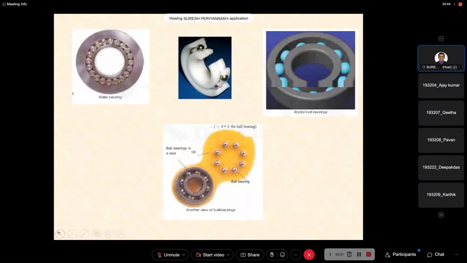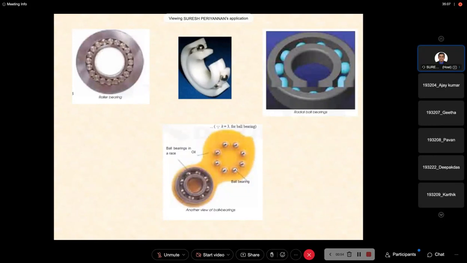I have shared some video links in the LMS. I hope that you have gone through them. You can see different types of bearings in the original pictures, and the corresponding applications.